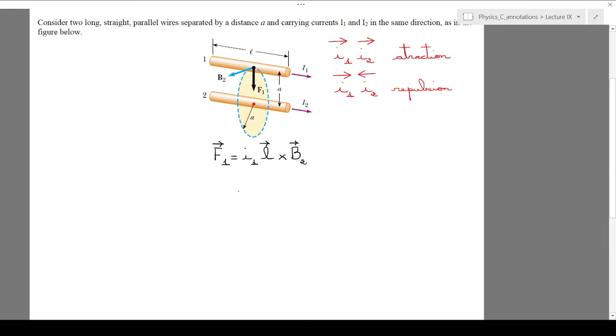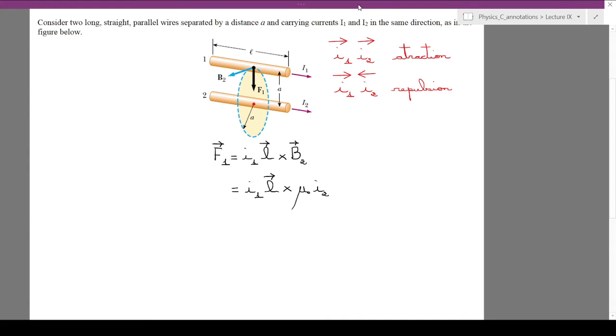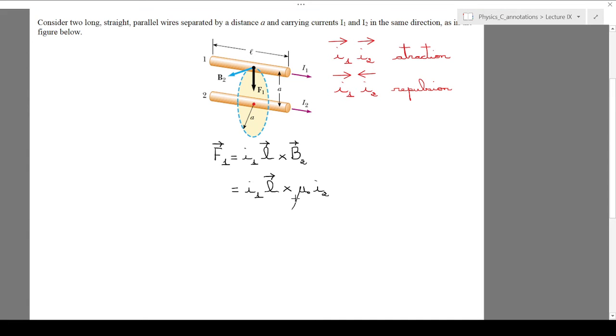Recalling the results from the previous examples, we know that B2 is going to be mu0 I2 over 2 pi a.